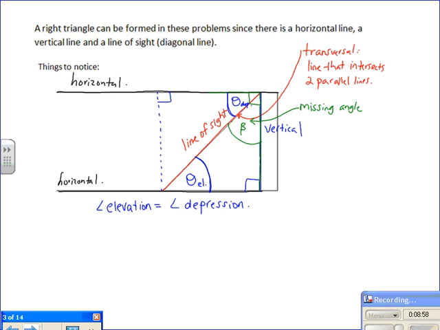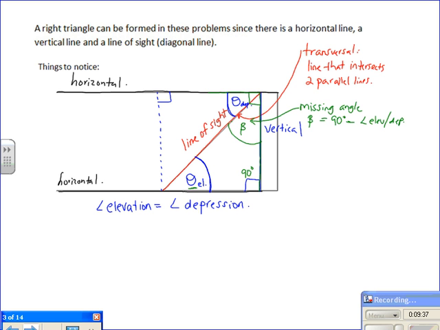That right triangle has a 90-degree angle already, plus an angle of elevation. So the angle of elevation and the missing angle together have to equal the other 90 degrees of that triangle. So beta is equal to 90 degrees minus theta, the angle of elevation or depression, because they are the exact same value. So I can always find that missing angle.